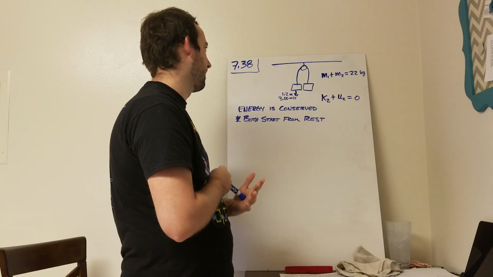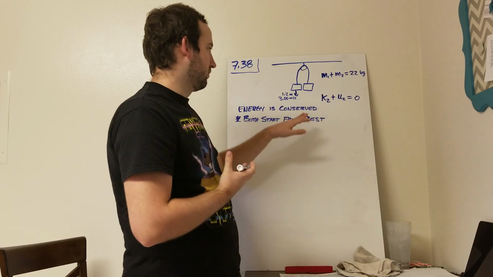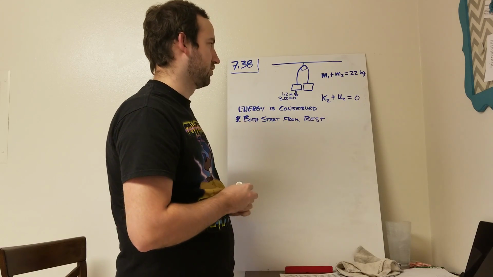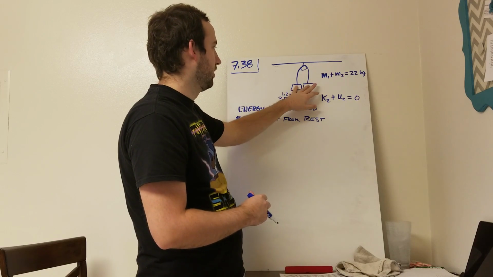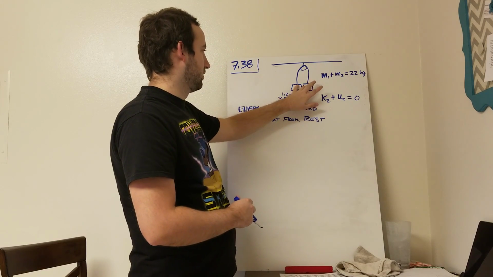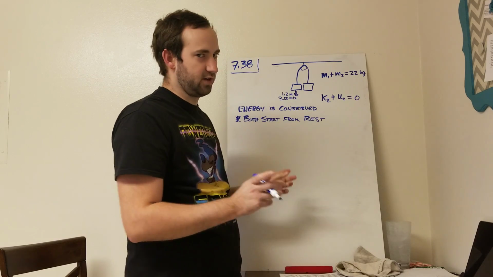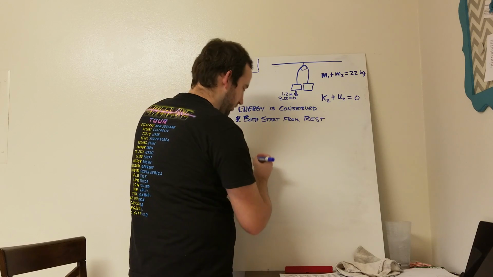Now, to start out, we need to break up the kinetic energy and the potential energy into their components. And since we're dealing with two different items, we'll need to factor that in as well. So we'll start with K2.